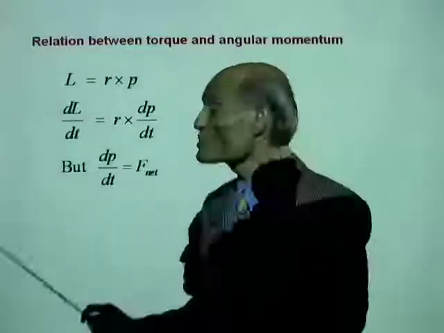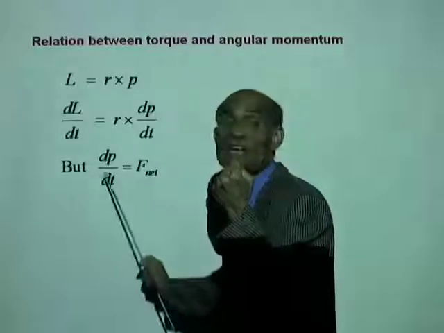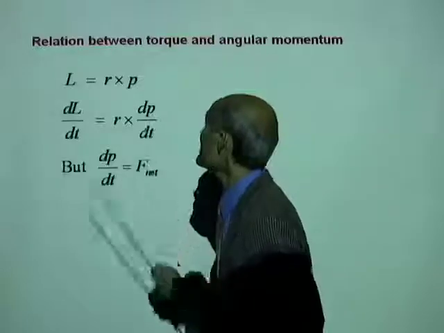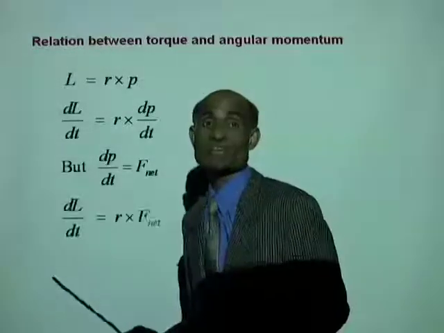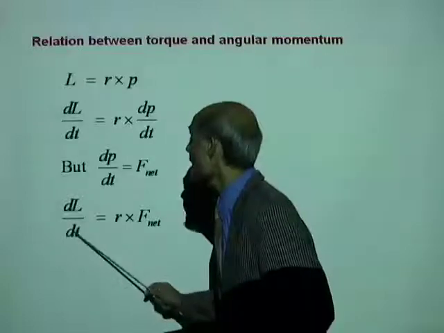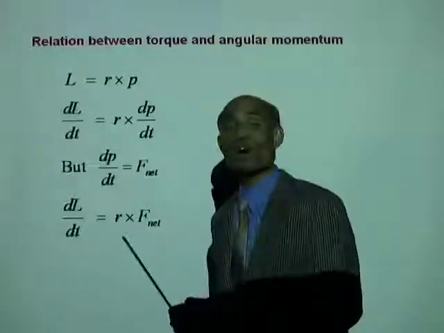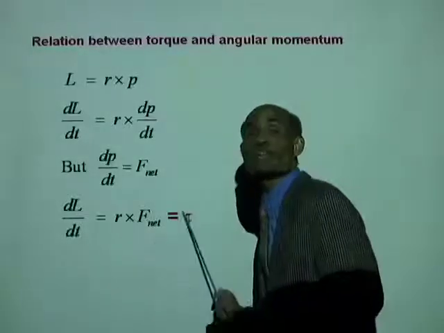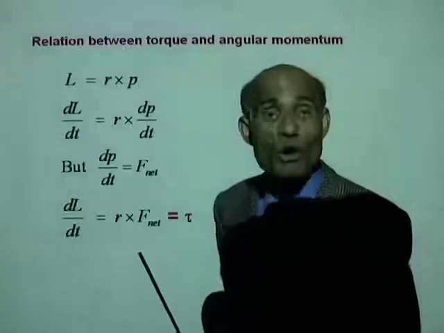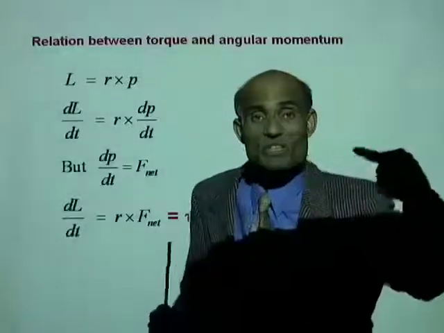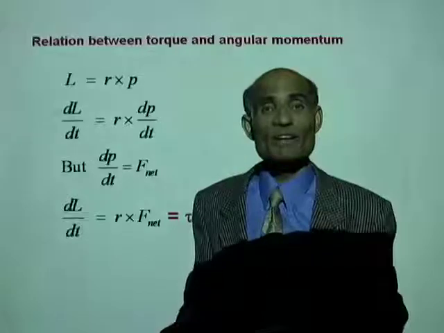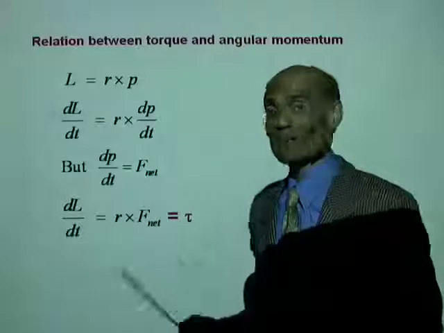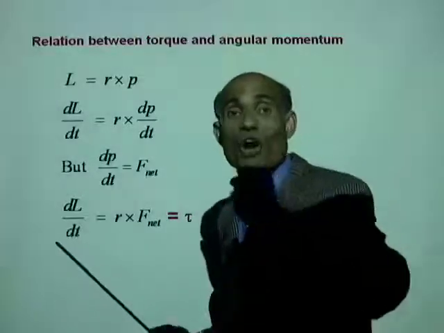The rate of change of linear momentum is a measure of the force. So dP by dt can be replaced by F net. Therefore, dL by dt equals R cross F net. Well, R cross F net is what we called tau, torque, isn't it? Is that the definition we did earlier in part 1 of this lesson? Yes. Torque is R cross F.